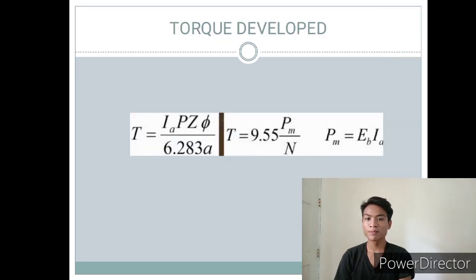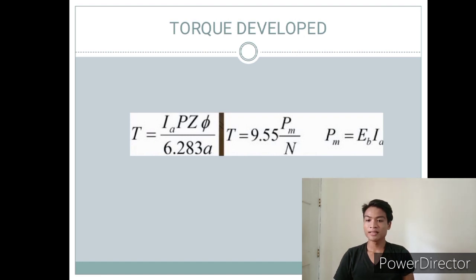Ito naman po is yung formula po ng torque developed, which is T equals I sub A P Z Φ all over 6.283 times A. Saka yung T equals 9.55 P sub M over N, where P sub M is equal to E sub B times I sub A, where yung T po is yung torque, naka-unit siya sa Newton meter, then yung A is number of armature current paths, tapos yung P sub M is power in armature, naka-unit siya sa watt, tapos yung P lang is number of poles, yung Z is number of conductors, then yung Φ is yung flux per pole, tapos naka-unit siya sa Weber.